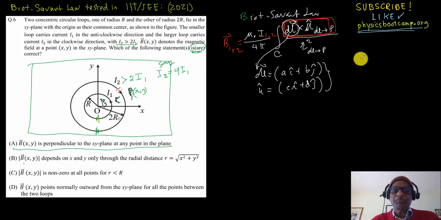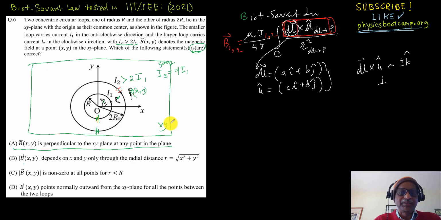So when you do a cross product, dl cross u hat is going to be perpendicular, since i hat with i hat will give you 0. So this will be in the plus or minus k hat direction, which is perpendicular to the xy plane. So this is correct.